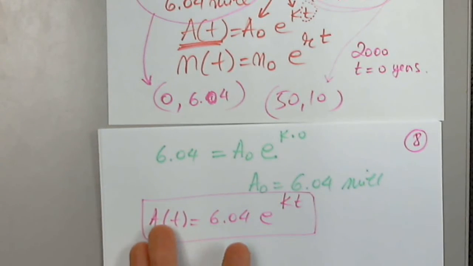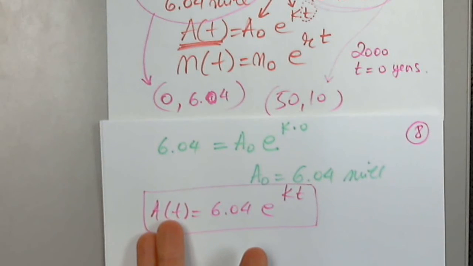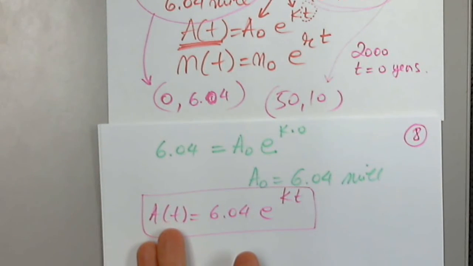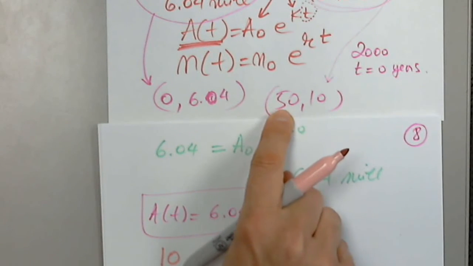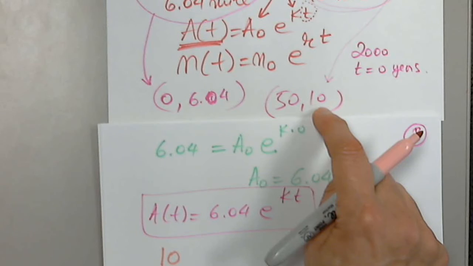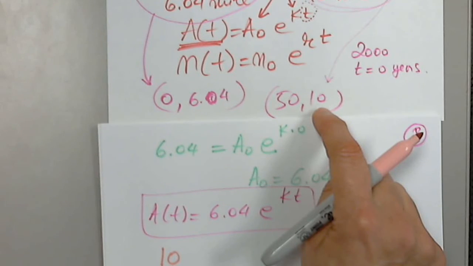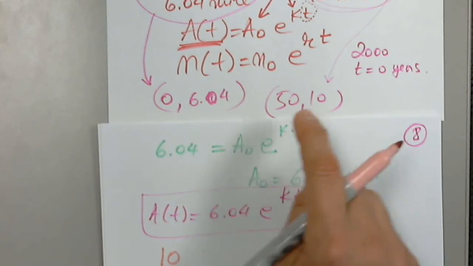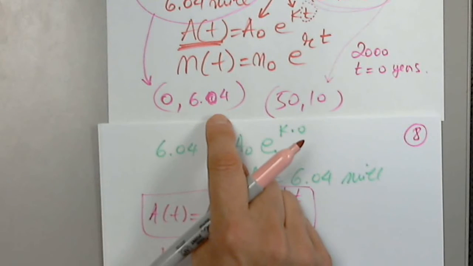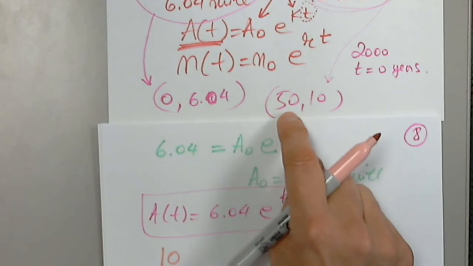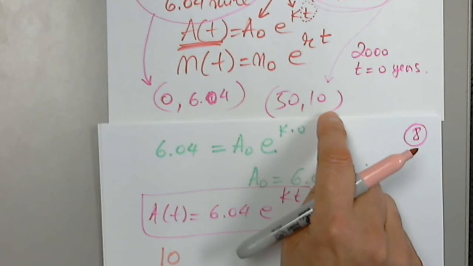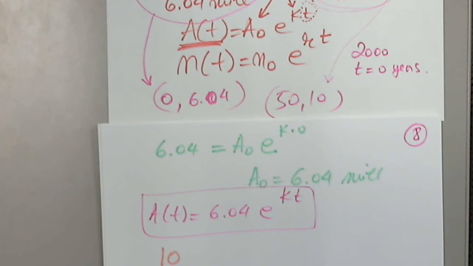But how much is it? I want to replace it directly. A of 50 equals? How much? 10. A of 50 equals 10. Just 10. Counterintuitive because the last one was A of 0 equals 6.04. A of 50 equals 10. We know this, right? This is how we read functions.